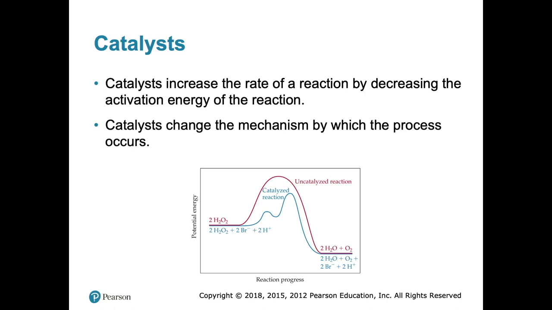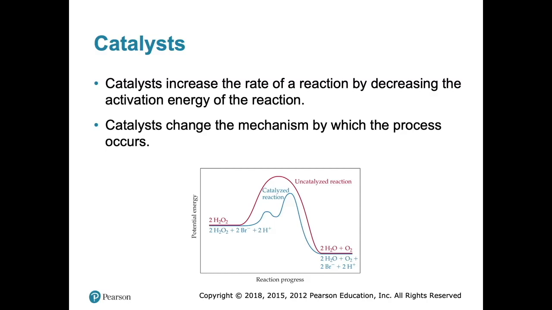And the H2O2, the hydrogen peroxide, is the reactant, and the products are water and O2, so oxygen. What I want you to be able to do from a reaction diagram like this is look and see which is the reactant. Here it's hydrogen peroxide. Which are the products?